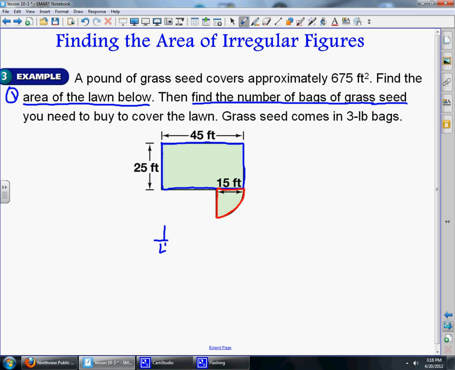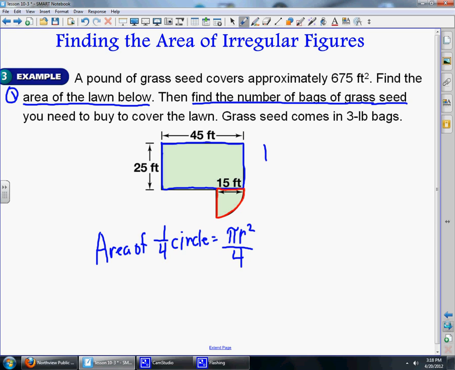So a quarter circle is going to be equal to the area of the circle, which is pi times the radius squared, and then we're going to divide it by 4 to find the area of a quarter circle.